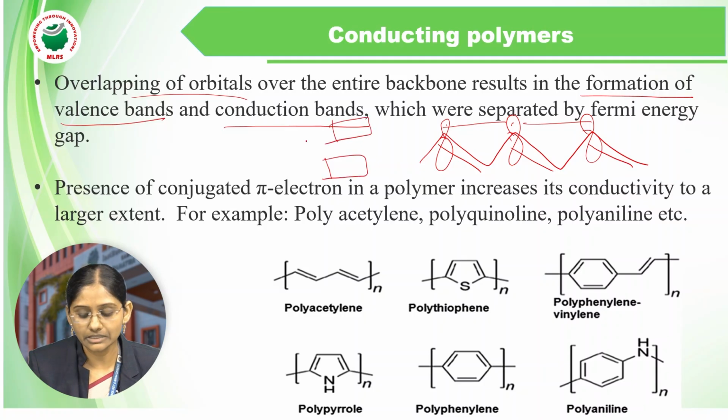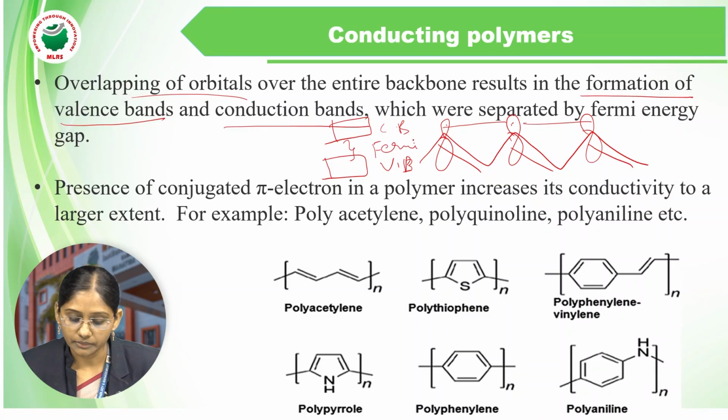Valence band and conduction band, we may have an idea about this. Between these two a gap is present. This gap is called the Fermi energy gap. How is this formed? Because of the overlapping of orbitals. How does this overlapping take place, students?